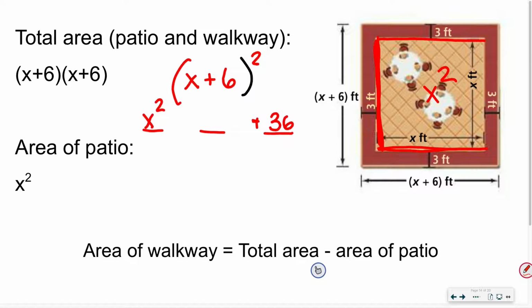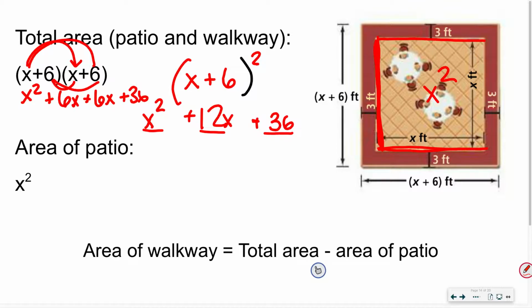Yes, 6 times x, which is 6x, and then times 2. Now that was a little bit faster than saying x squared plus 6x plus 6x plus 36, combine like terms, and here we are, okay?